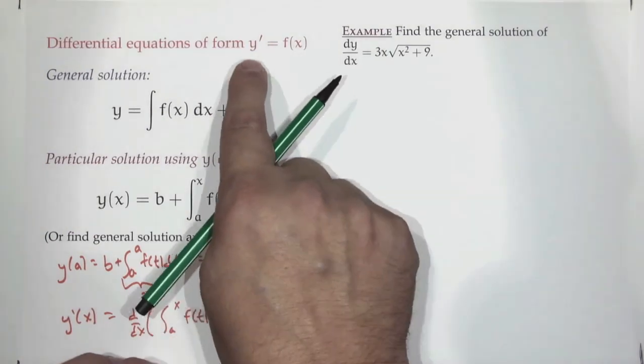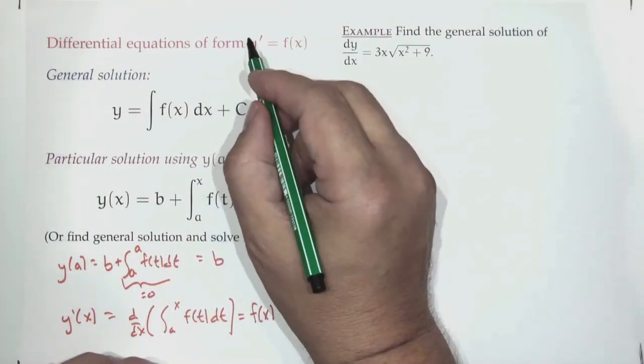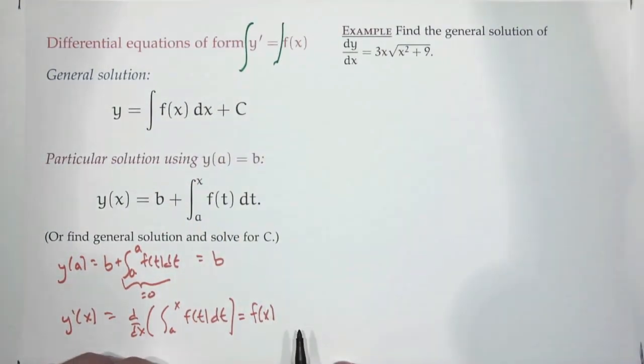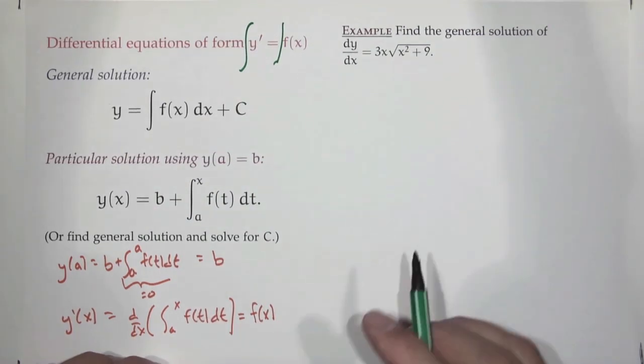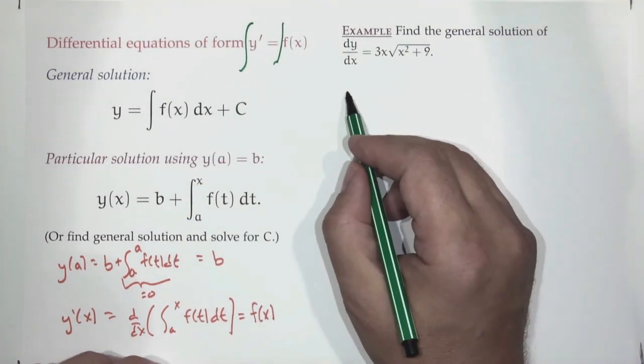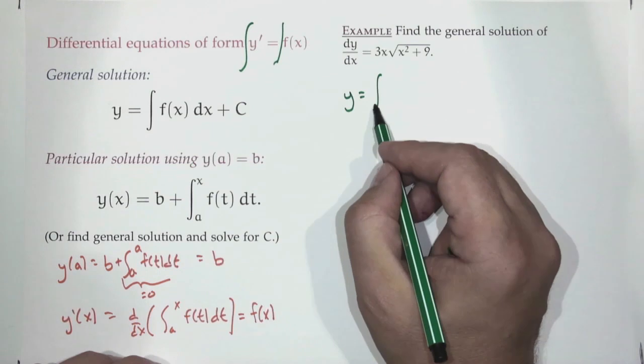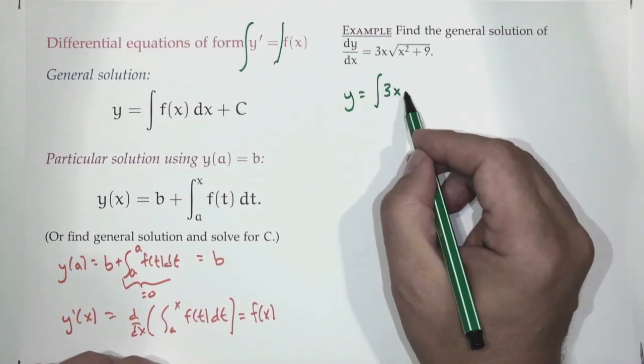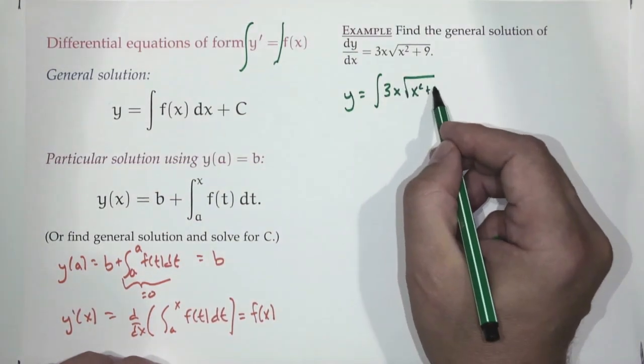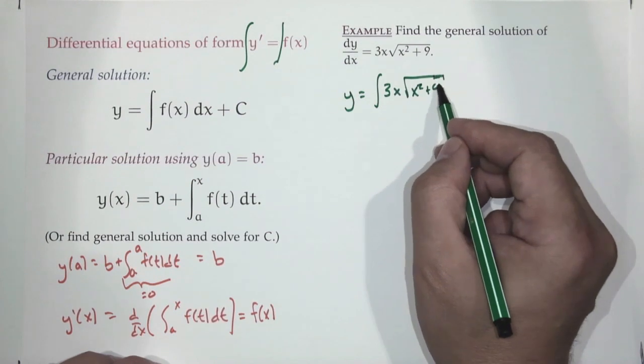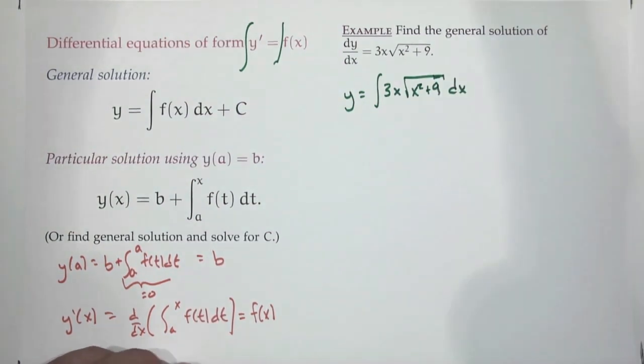Yeah, exactly. For y prime equals f of x, the idea is you're integrating both sides. That's the philosophy. So we integrate. Integral of dy dx is y. Integral of 3x square root of x squared plus 9 is 3x square root of x squared plus 9. Why not? We'll start there. Okay. Well, how can we approach this problem?